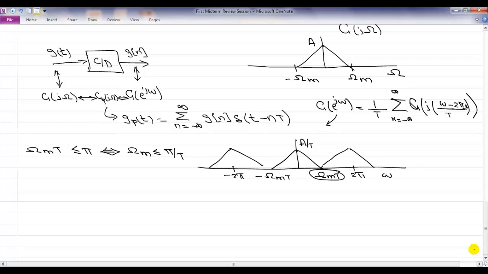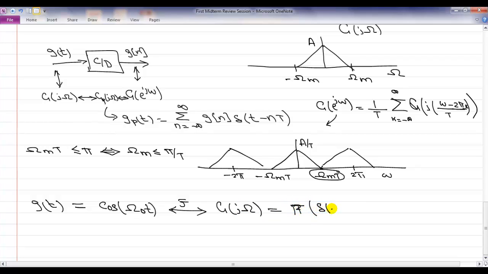So now when we talk about this, the confusing part that sometimes throws people off is, let's say that my g of t was made up of impulses in the Fourier domain. So let's say my g of t was cosine of omega naught t, in which case my Fourier transform is g of j omega equal to pi times delta of omega minus omega naught plus delta of omega plus omega naught.